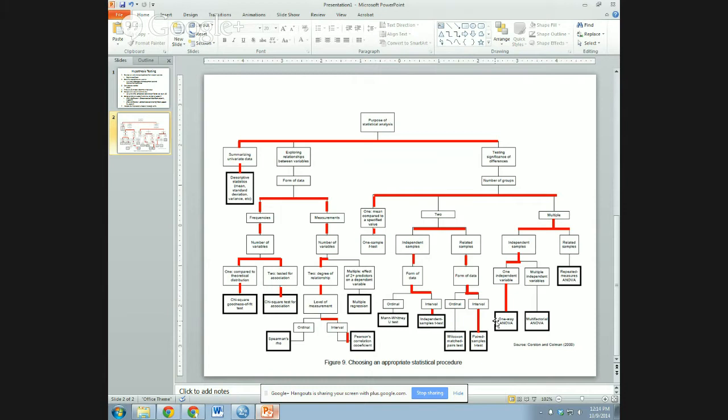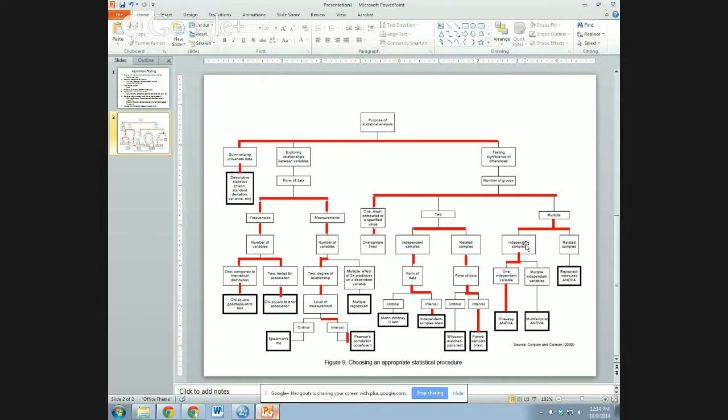And remember, variance uses the mean to determine the dispersion of the data. So we're still using the mean here, but we're doing it using the variance around the mean of multiple groups, multiple means.